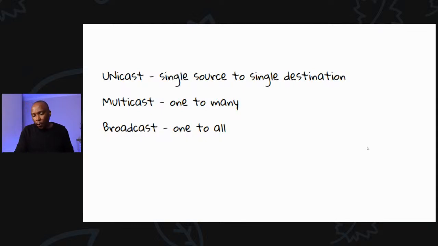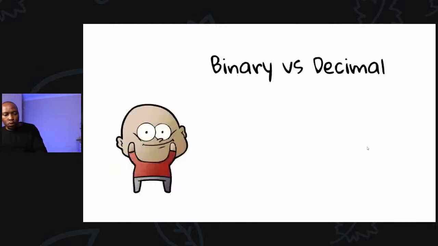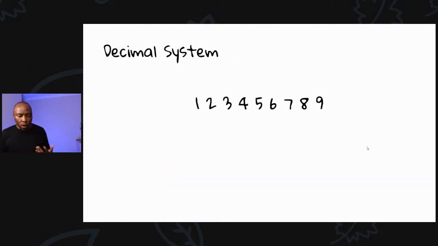So now we are going to transition into binary versus decimal. How do we convert from binary to decimal? And I'm just going to start by walking you through the decimal system, right? The decimal numbering system.